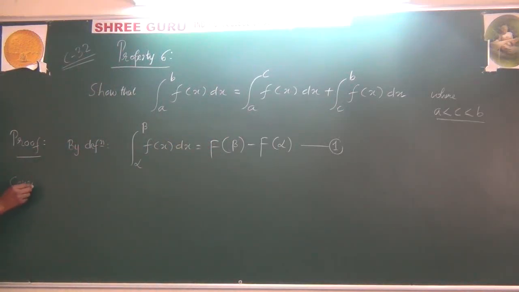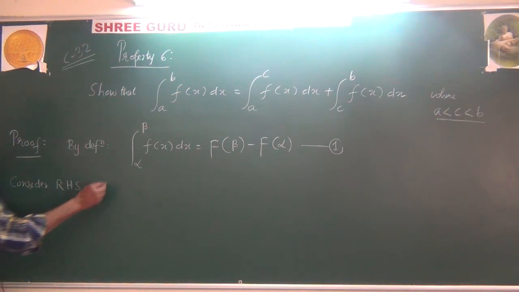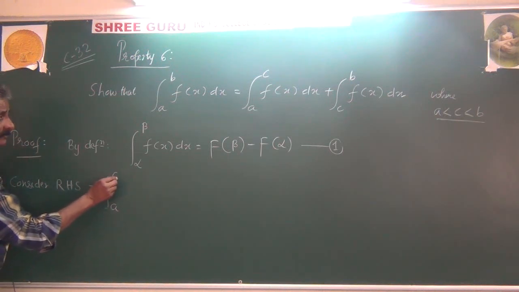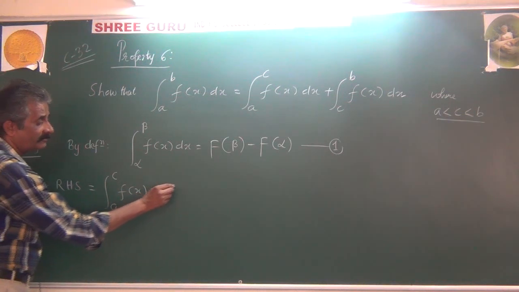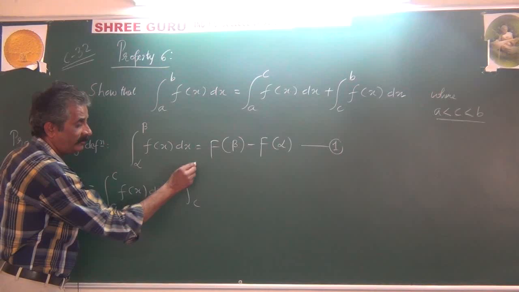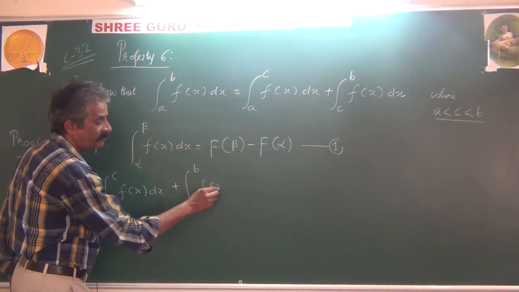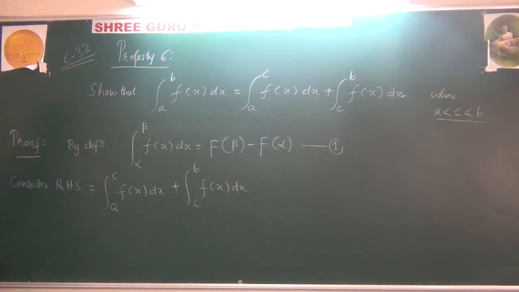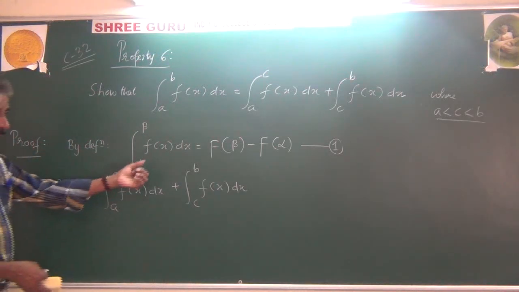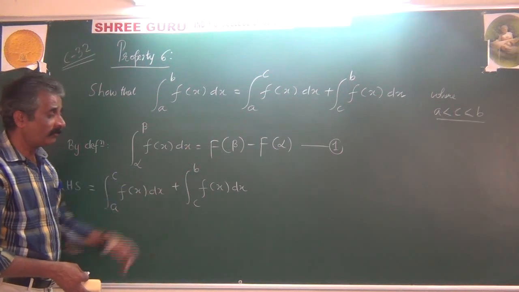Consider the right hand side of the theorem. The right hand side of the theorem is integration a to c f of x dx plus integration c to b f of x dx. Let us use the definition which we stated above.